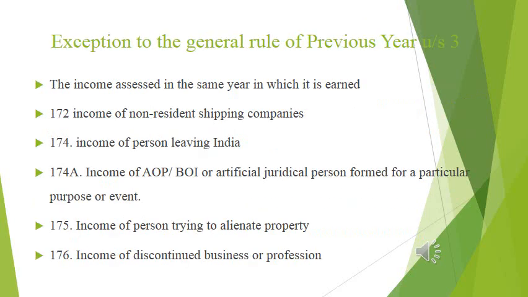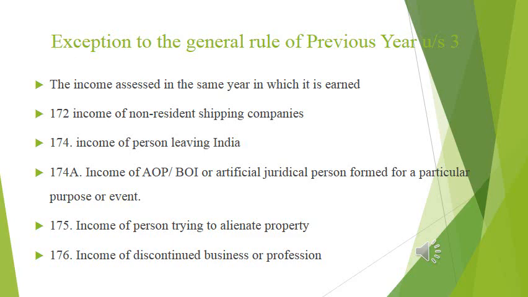This is an exemption to the rule in section 6 subsection 1. And another important exemption is to the general rule of previous year. We have already discussed section 3: previous year is the financial year immediately preceding the assessment year. In the case of a newly set up business, the previous year will be the period between the date of setting up of the business and 31st March of the year. All these things we discussed in our previous classes.